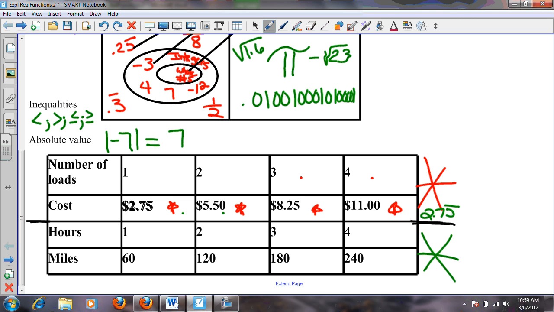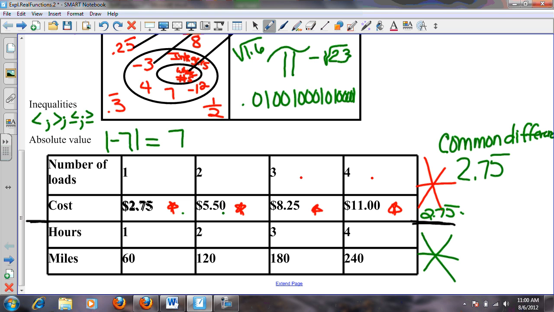From $5.50 to $8.25, $2.75. From $8.25 to $11, it's $2.75. My common difference is $2.75.